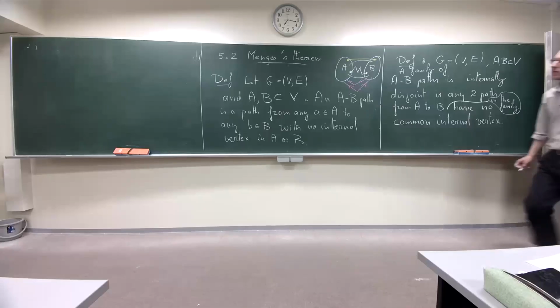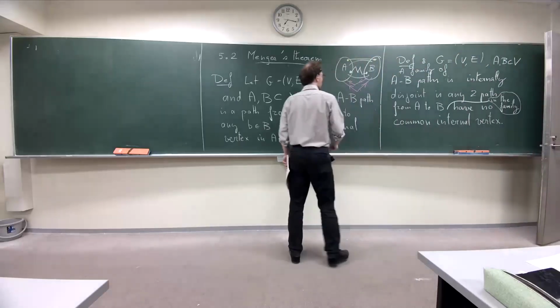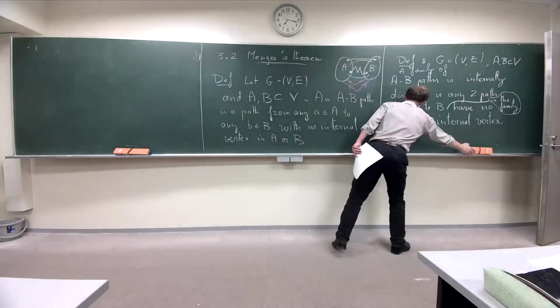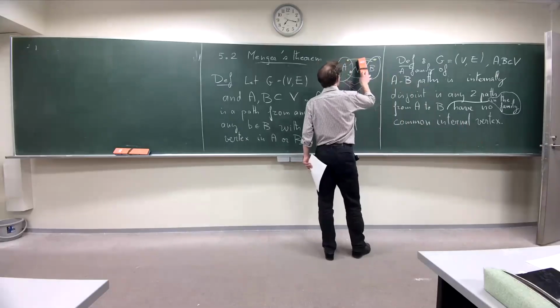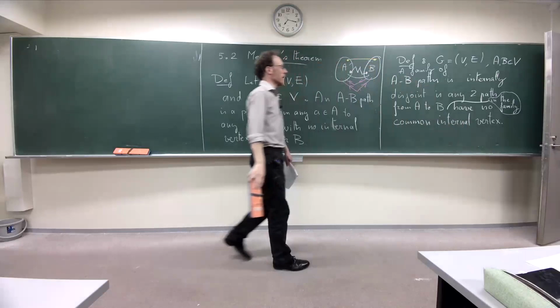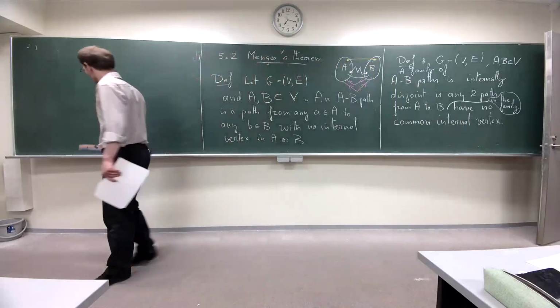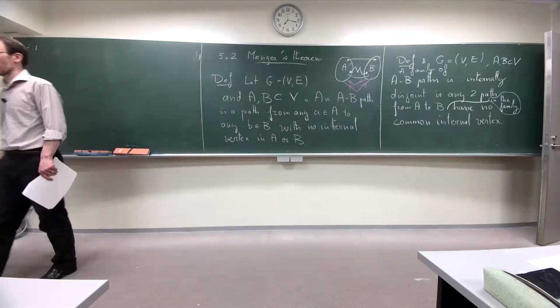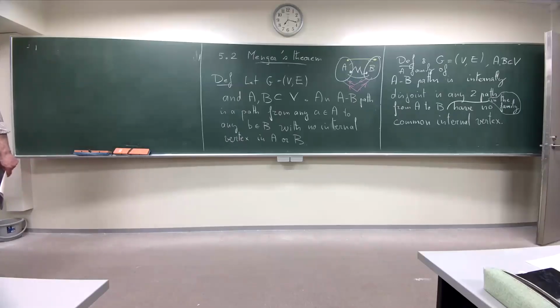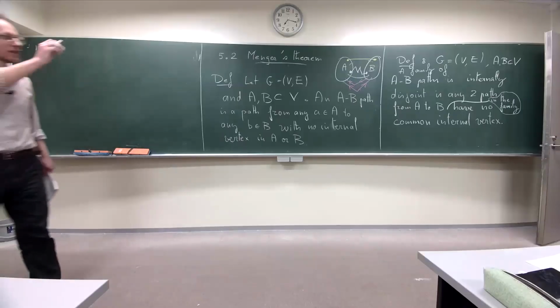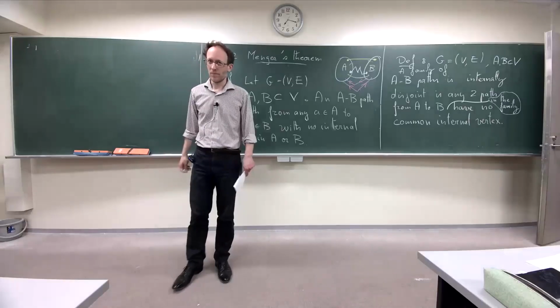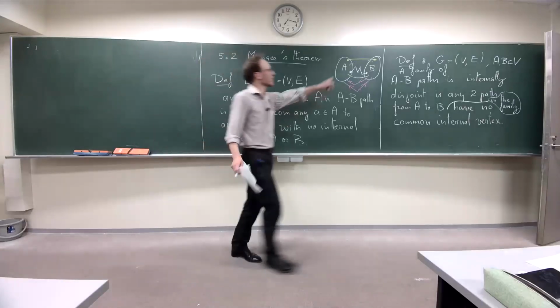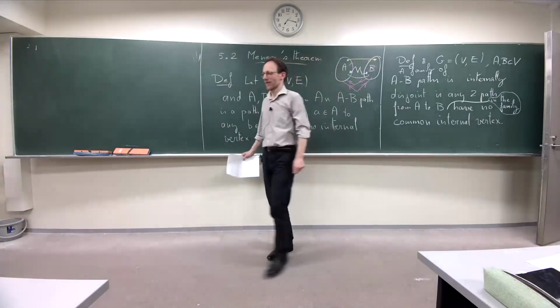And again, you can wonder, the yellow one, which is just one edge, and the other one, they are mutually disjoint. They have no common internal vertex, because this one has no internal vertex.